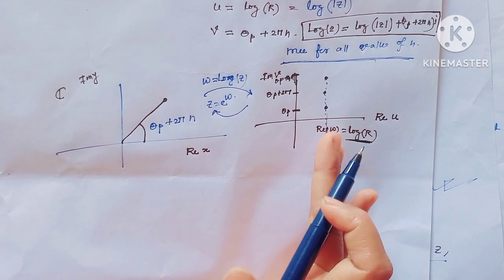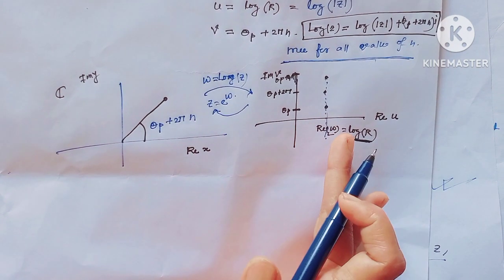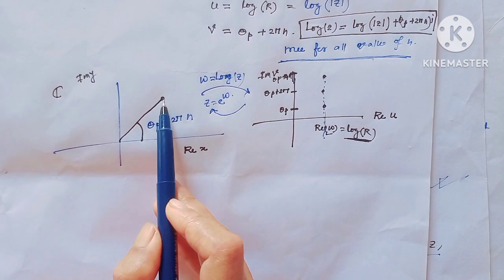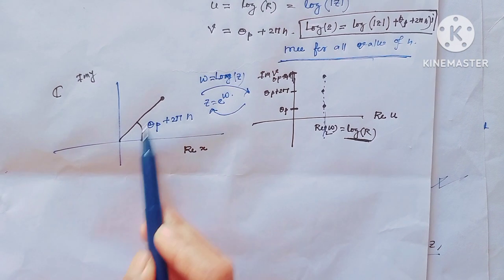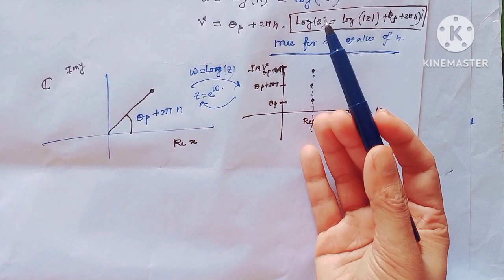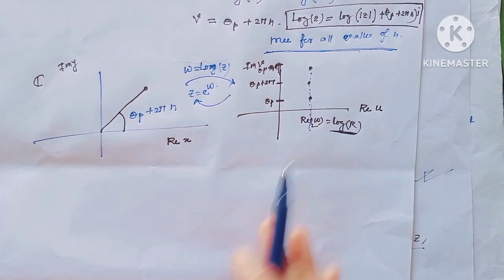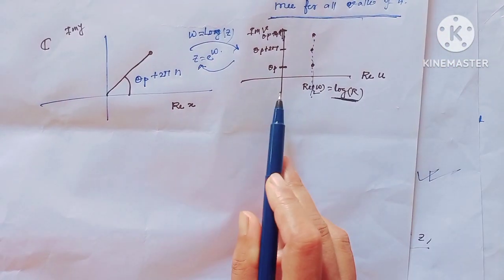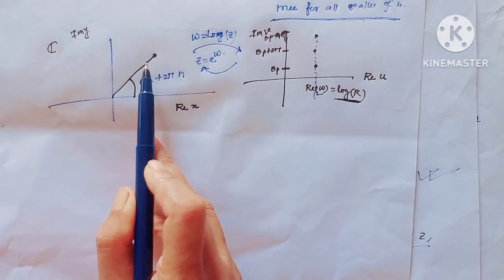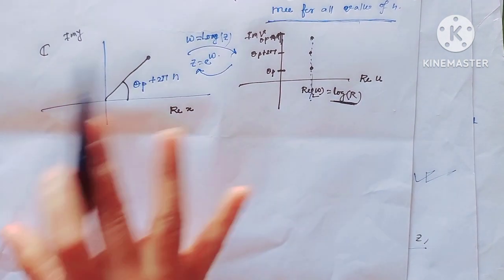Therefore, for different values of theta, the value of z here is the same. It could be theta p plus 6 pi, 8 pi, and so on. Also, it could be theta p minus 2 pi, minus 4 pi, and so on. But here the value is the same.